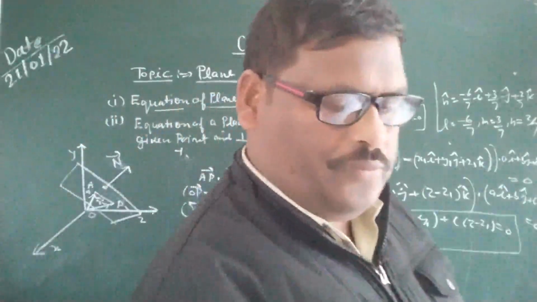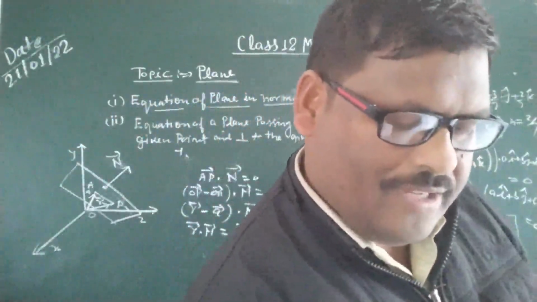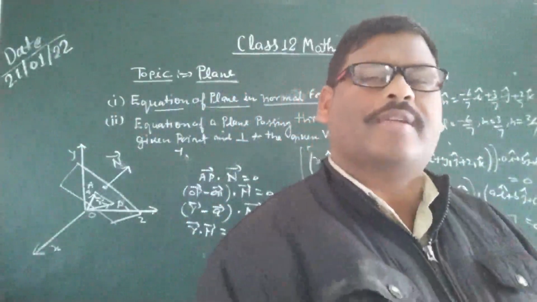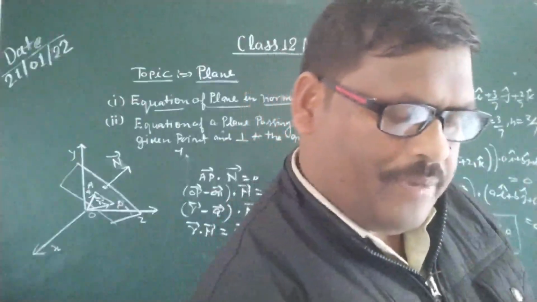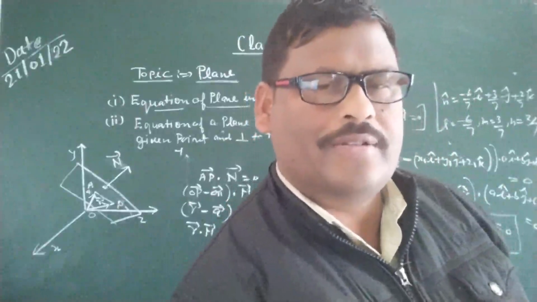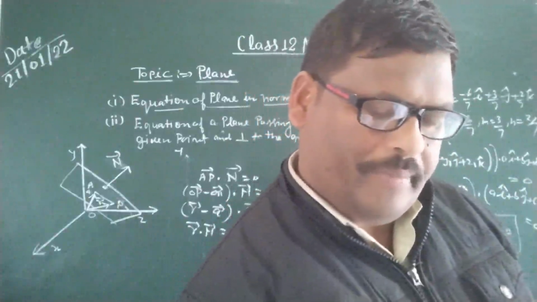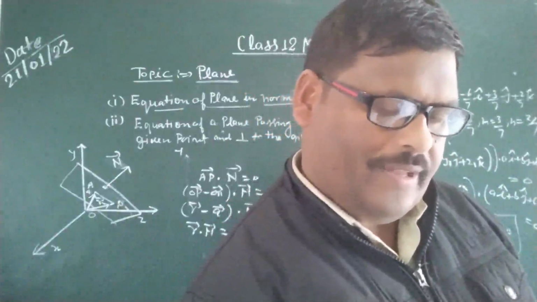So both articles are finished, meaning the equation of the plane in normal form and the equation of the plane that passes through a given point and is perpendicular to the given vector.